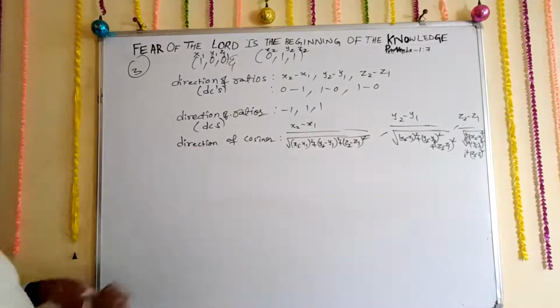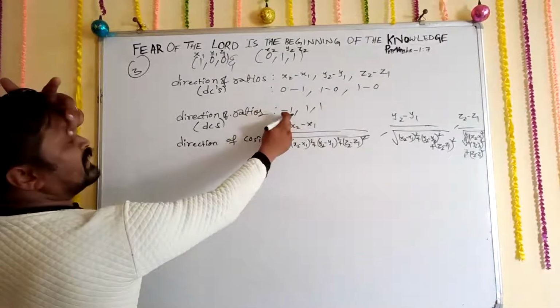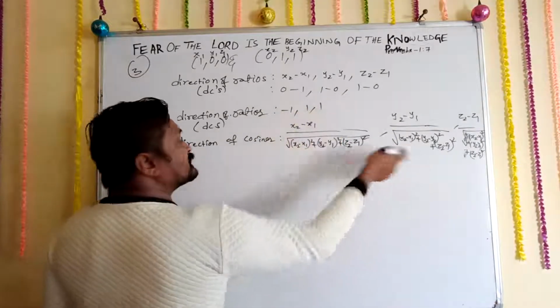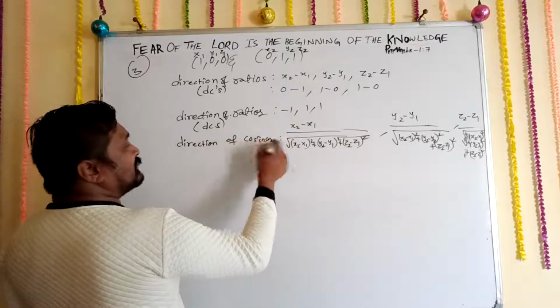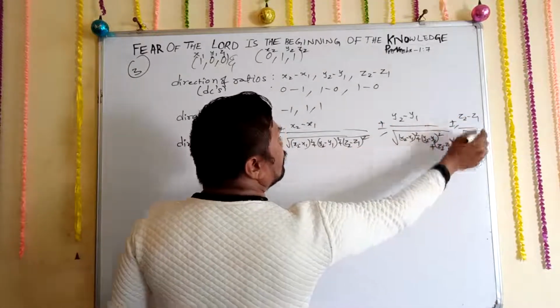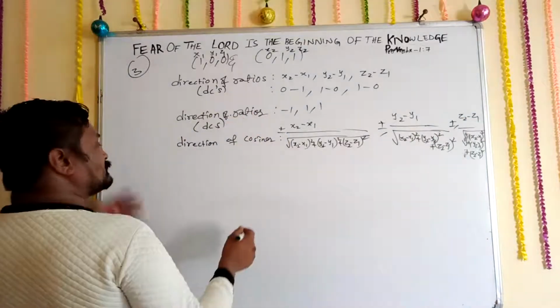So how to substitute, sir? x2 minus x1 is already found, y2 minus y1 also found, z2 minus z1 also found. Just substitute it. For the direction cosines you can always write plus or minus. So now we'll substitute here.